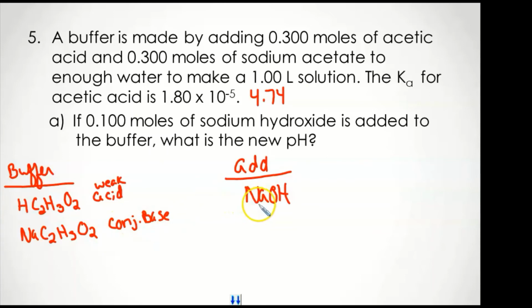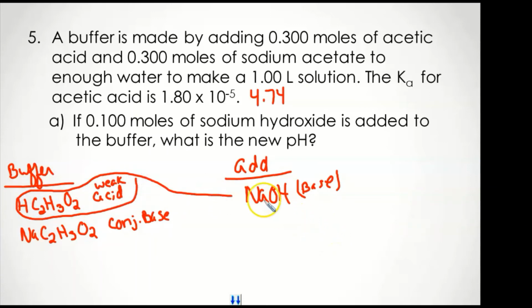Do you see that they're both sharing sodium? They're both sharing an alkali metal. They're not going to react with one another. But this base that I'm adding is going to chemically react with this acid. So, because the buffer has both parts in it, the opposite thing is going to react.